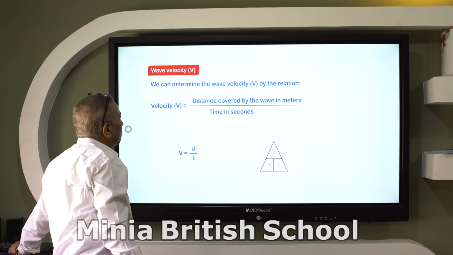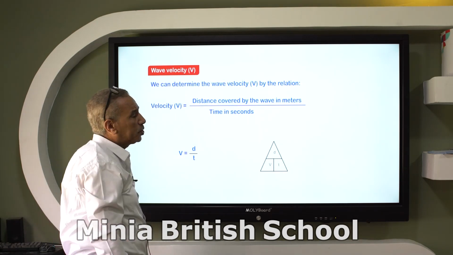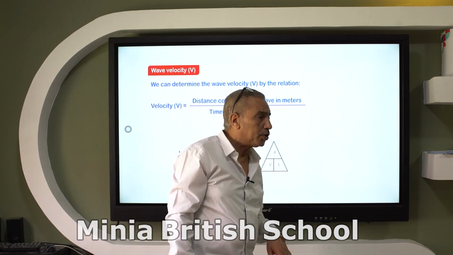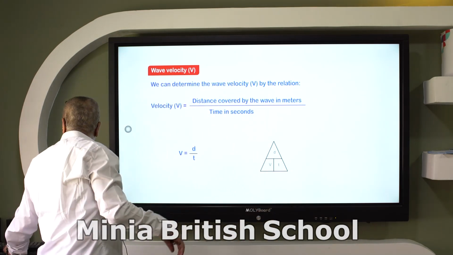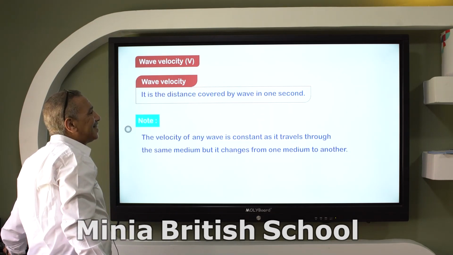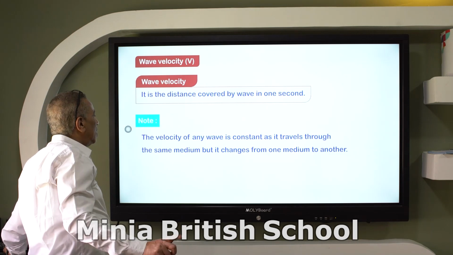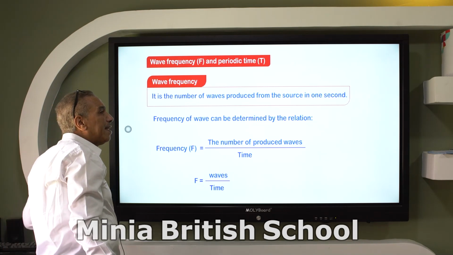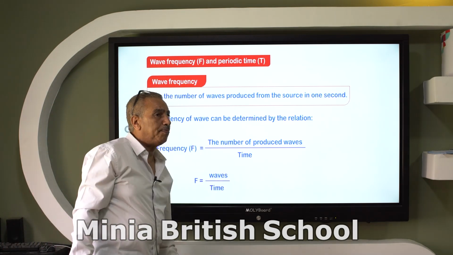Don't forget that. If you want to measure the wave velocity, wave velocity equals distance over time. This is the first rule, but we will not use it anymore. Wave velocity is the distance covered by the wave in 1 second, or you can calculate it from the number of produced waves over time per second.